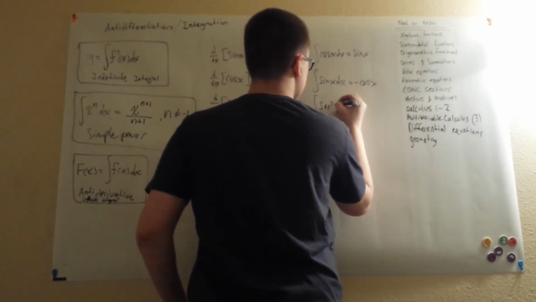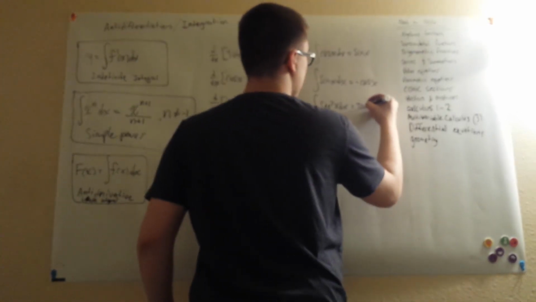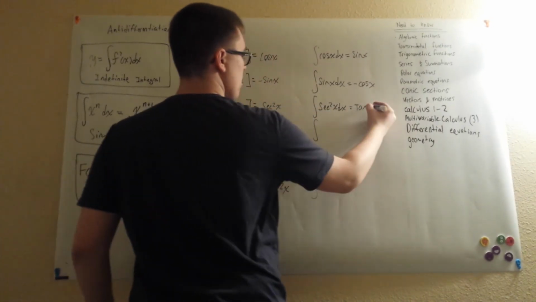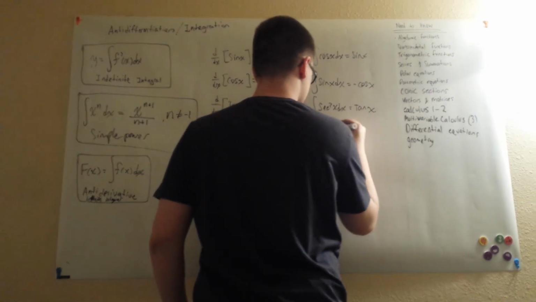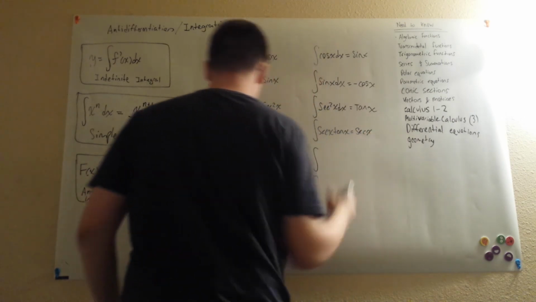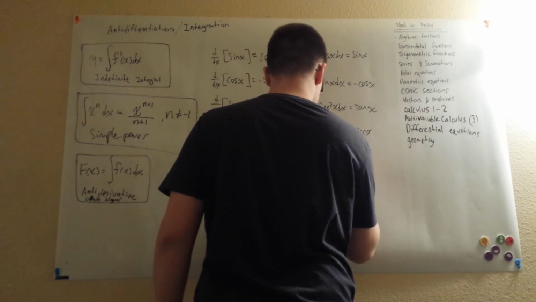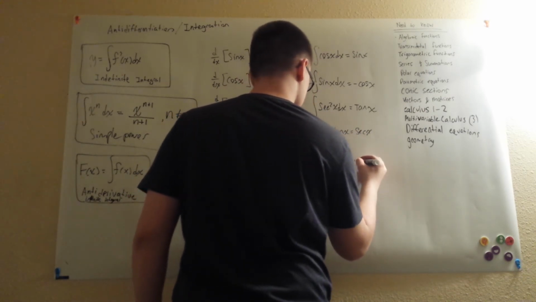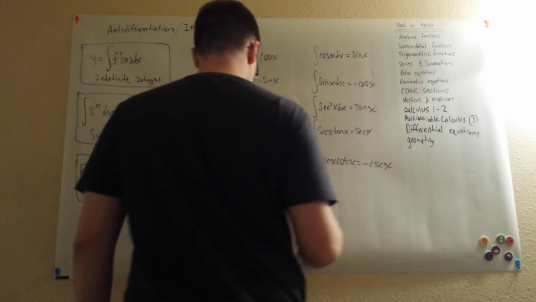The integral of secant squared x dx is tangent x. The integral of secant x tangent x is going to be secant x. The integral of cosecant x cotangent x is going to be negative cosecant x.